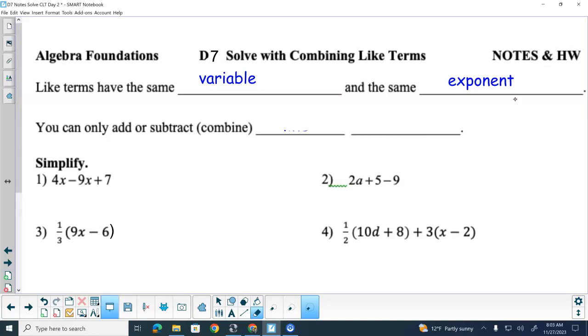Okay. And you can only add or subtract when we're combining like terms. What do we add or subtract? Anybody remember what we add and subtract? Like, but what do we add and subtract in the like term? It's a C word.